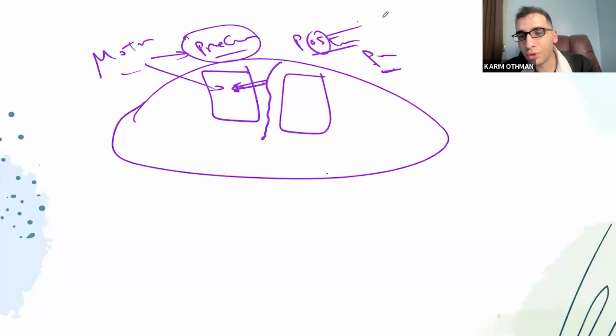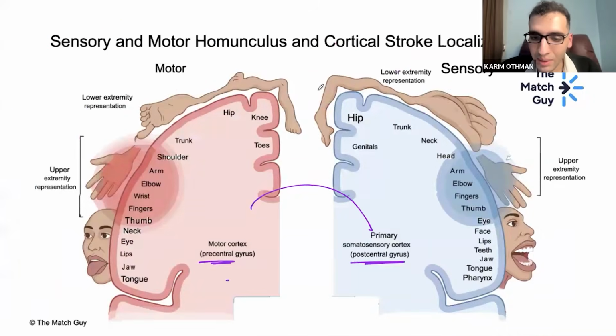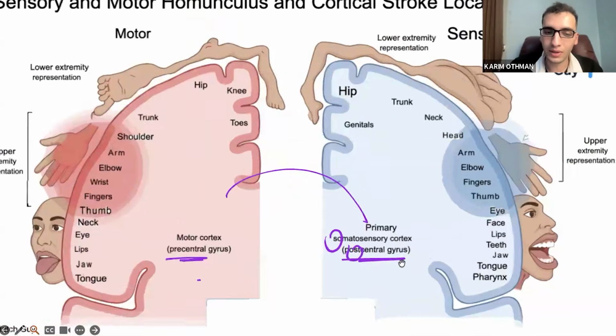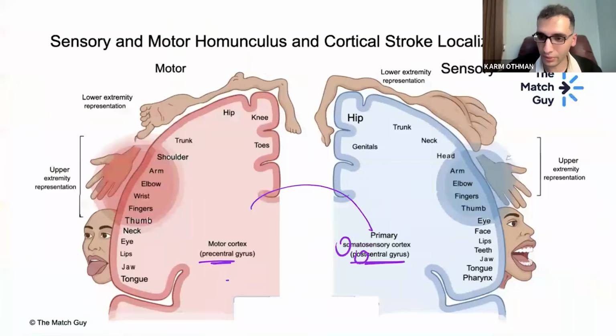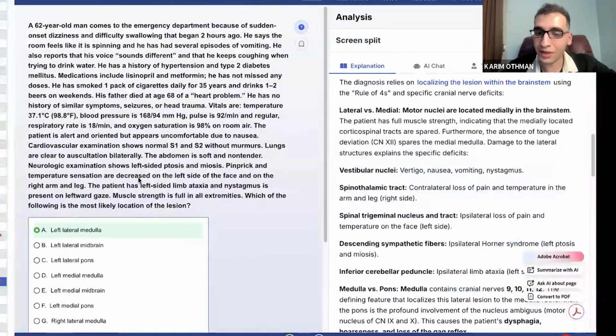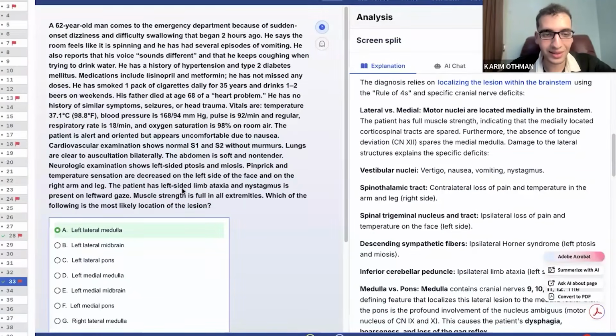Post-central is usually sensory. Okay, and here is how I remember it. So please remember, post with S is sensory. It's the somatosensory cortex, but the pre-central is the motor. Okay, guys. So the post-central is the sensory. The pre-central is the motor. That's the best way I approach this one. Okay. So let's read this and we'll try to figure it out with each other.